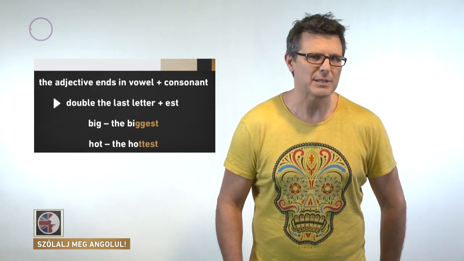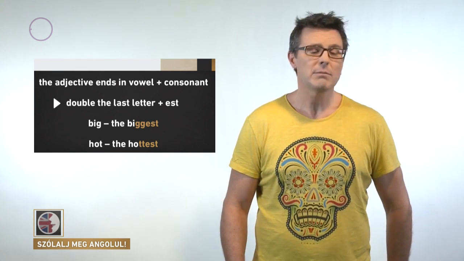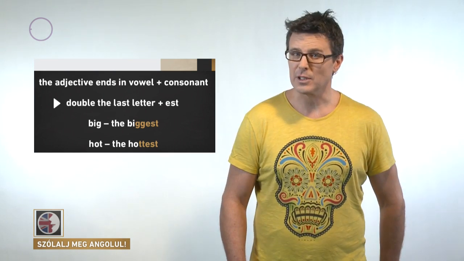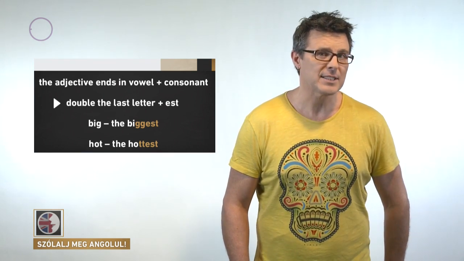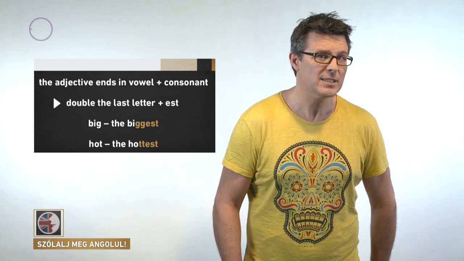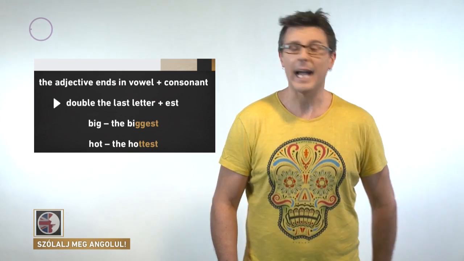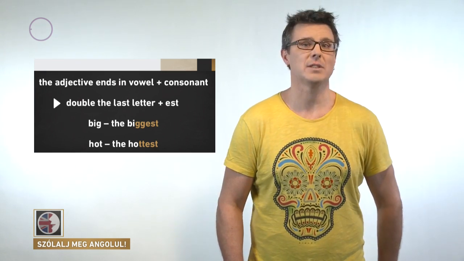Good. Now, just like the comparative form, bigger, smaller, older, if the adjective ends in vowel plus consonant, we double the last letter before we add est. So big becomes the biggest and hot becomes the hottest. Okay, great.